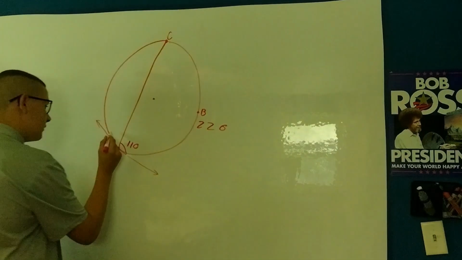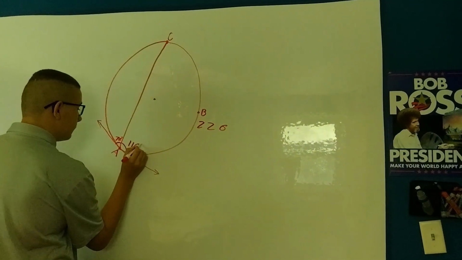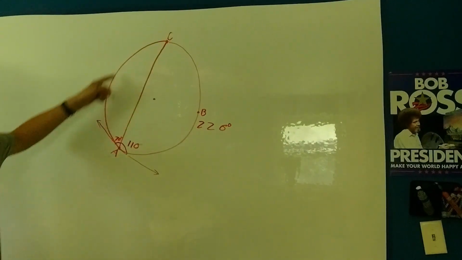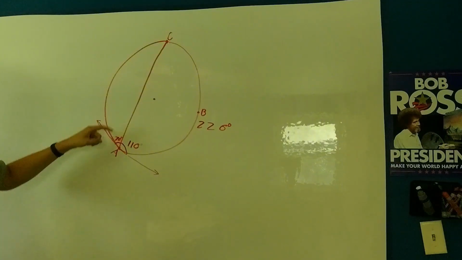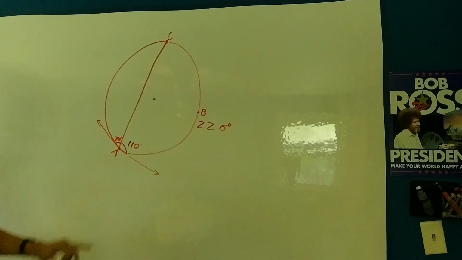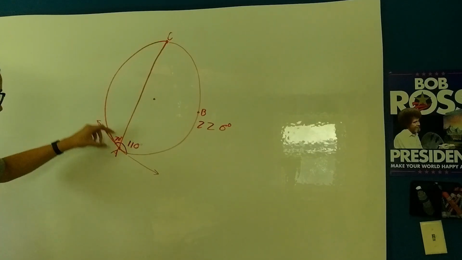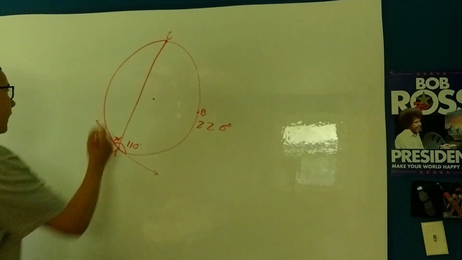So we know that this is going to be 70 degrees, like that. And now I know that this is going to be twice the length of this, because you just flip it around. So if this is half of this, then this is twice this.